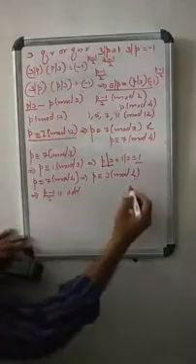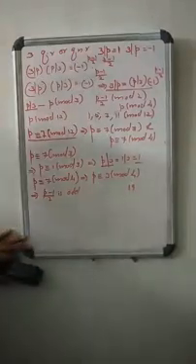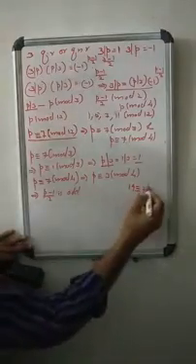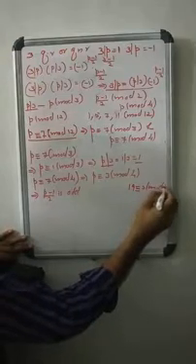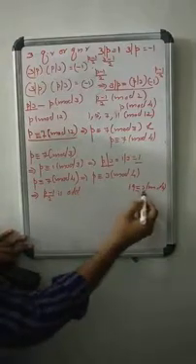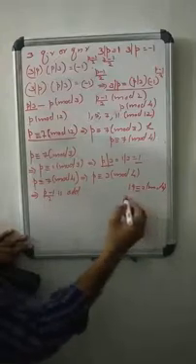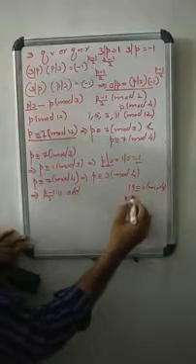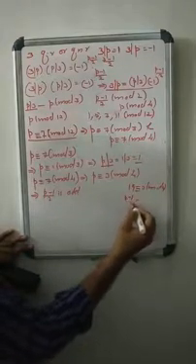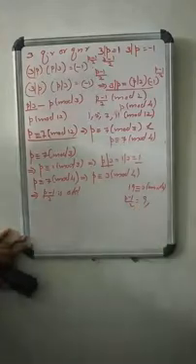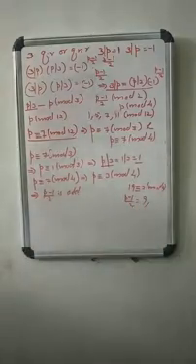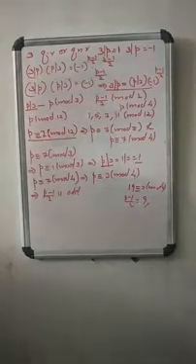How? Suppose P is 19. Surely 19 is congruent to 3 mod 4. 19 minus 3 is 16. So when P equals 19, what is P minus 1 by 2? 19 minus 1 is 18, and 18 by 2 is 9. So it is odd. So when P is congruent to 3 mod 4, surely P minus 1 by 2 is odd.